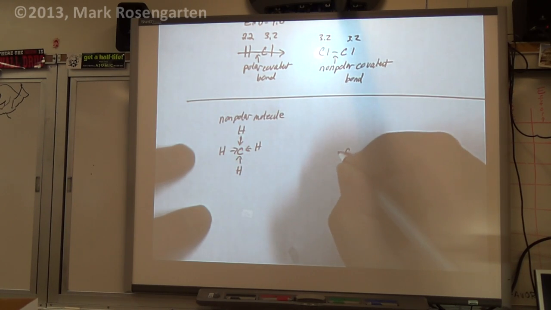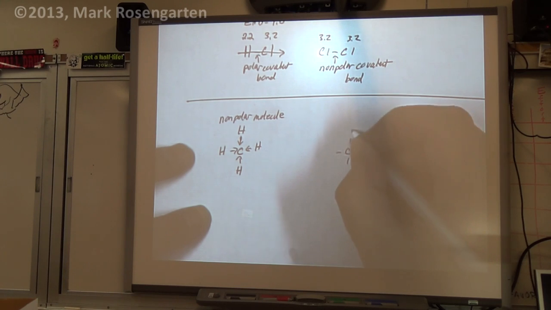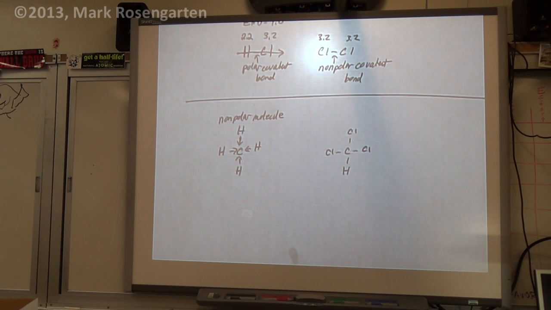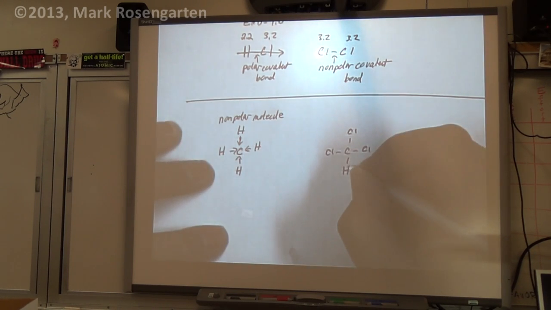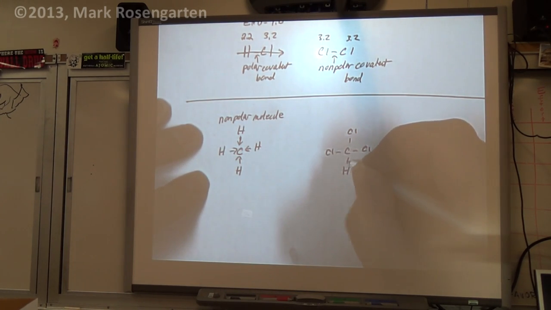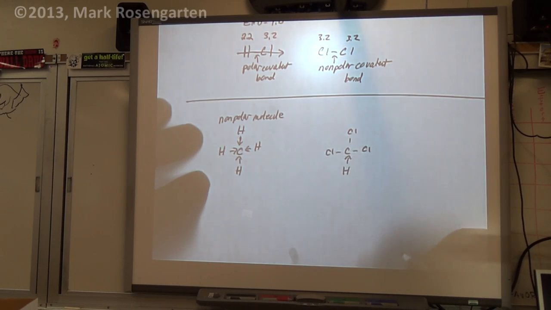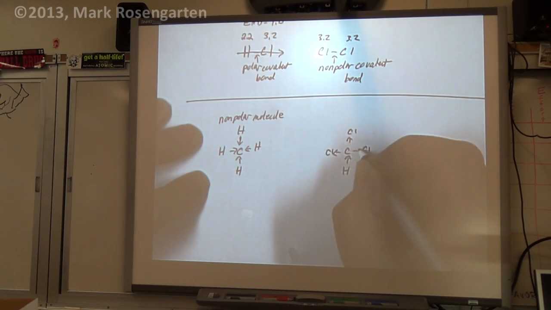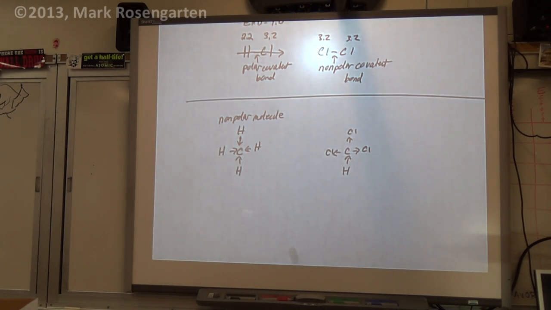In this molecule, now we have 3 chlorines and a hydrogen. Hydrogen's got the lowest electronegativity of the bunch. Its electrons will be pulled towards carbon. But the chlorines have a stronger electronegativity than either of them. So the electrons will be pulled towards chlorine. This is not a symmetrical distribution of charge.